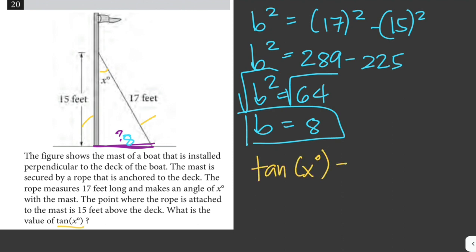So we know that tangent is sine over cosine, and sine is just opposite over hypotenuse, and cosine is adjacent over hypotenuse. Therefore, tangent is just the opposite side over the adjacent side. So the opposite side of angle x degrees is 8 over the adjacent, which is 15.